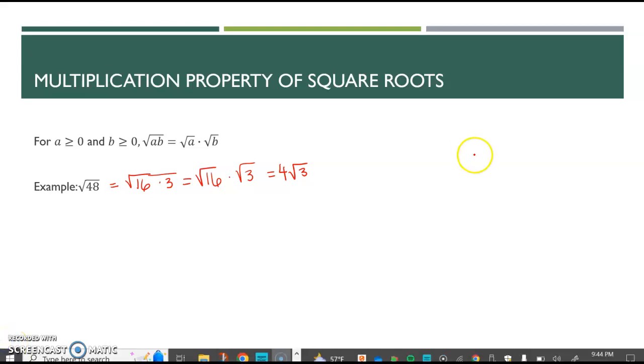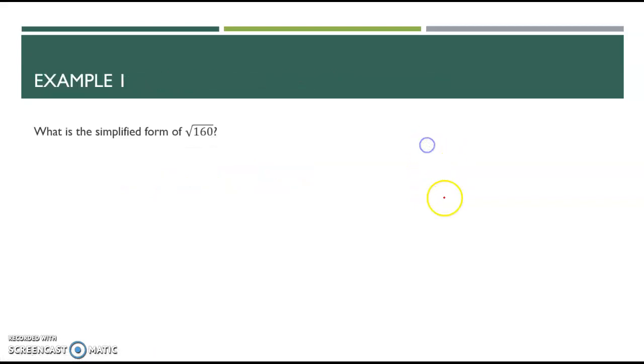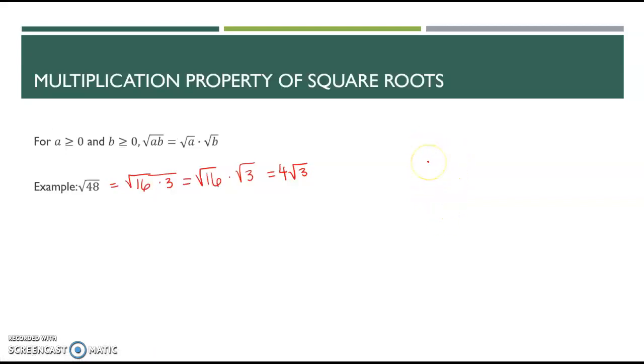So you may remember doing prime factor trees in elementary school. You may not. So I'm going to show you.